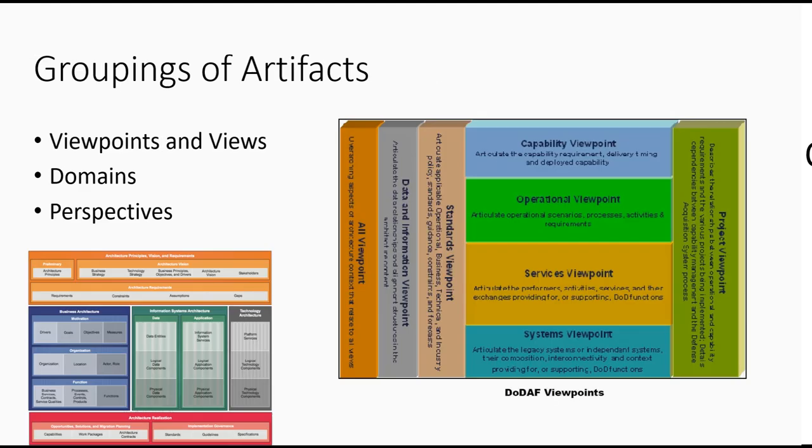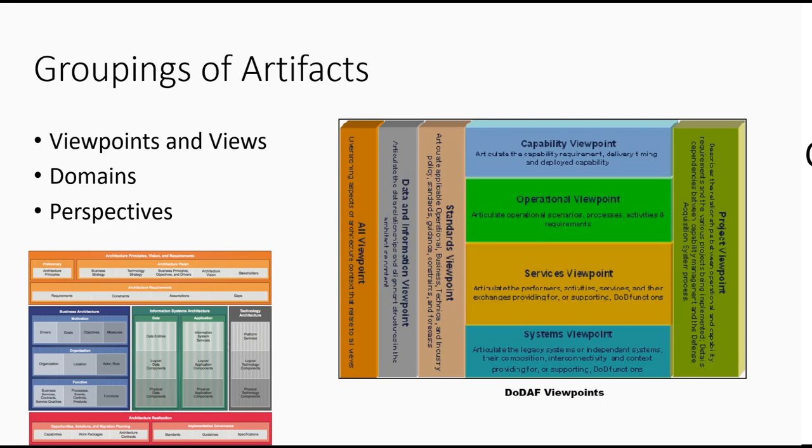There are groupings of artifacts, and IEEE and ISO have identified viewpoints and views as being a critical kind of thing that must be defined. There are also domains, which we'll go over, which divide architecture into different things like the data architecture and the business architecture.